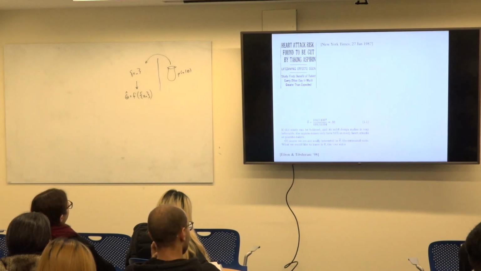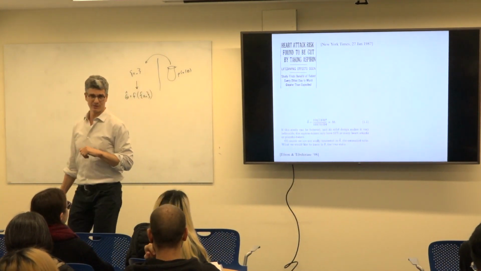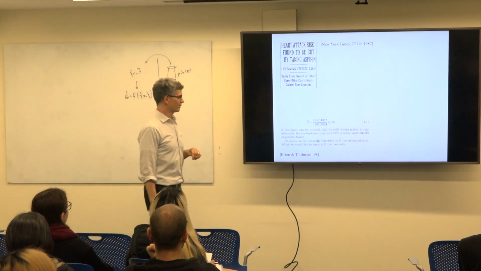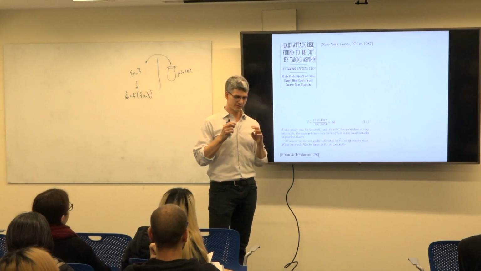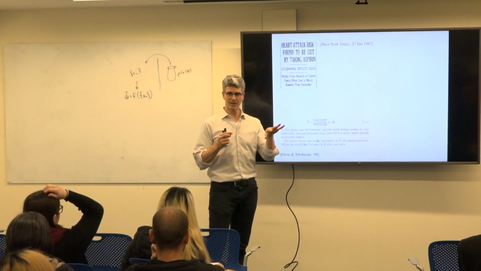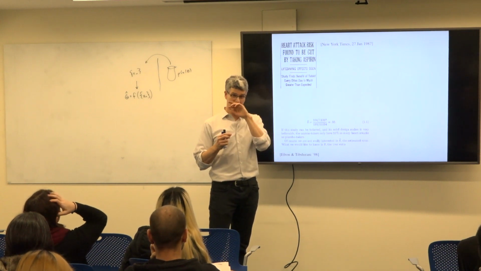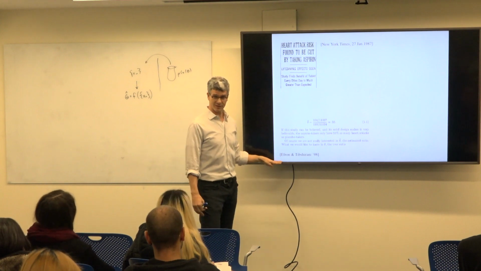Here's an example. This is a fun example from Efron and Tibshirani. The best book on this topic was written by these guys. There's also a very short book on resampling methods that features the Bootstrap by Good, I think is the last name. It's on the web page for the course if you want to read a brief thing about resampling methods. This is a much more serious statistical text.